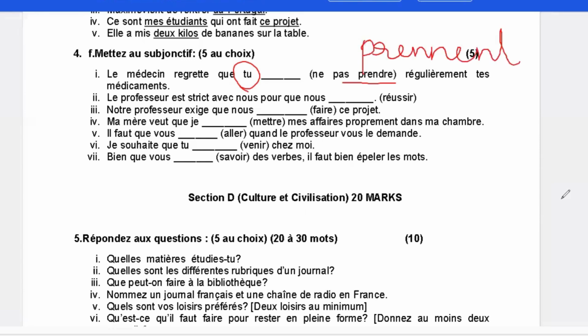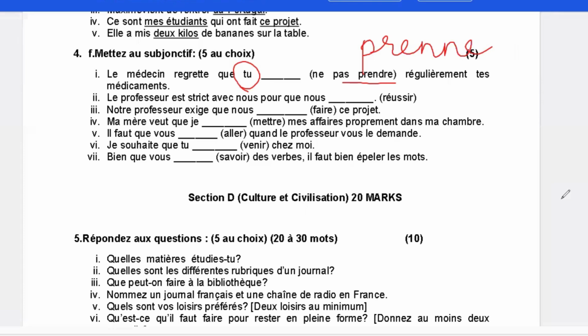So we take the third person plural of a verb in the present tense. As per the rule for subjunctive, we will remove the ENT. After removing the ENT, whatever radical is left, we are going to take this. Now we have the pronoun tu.